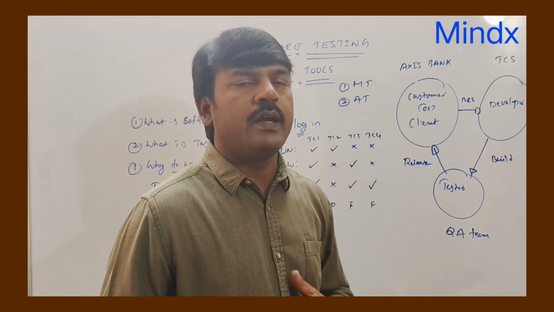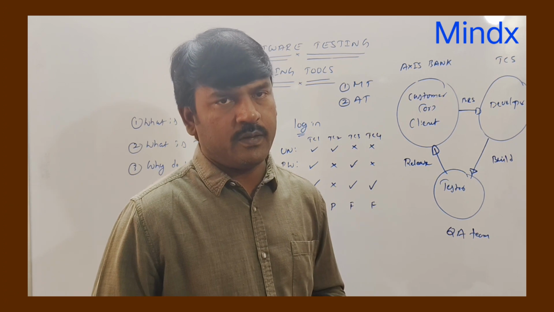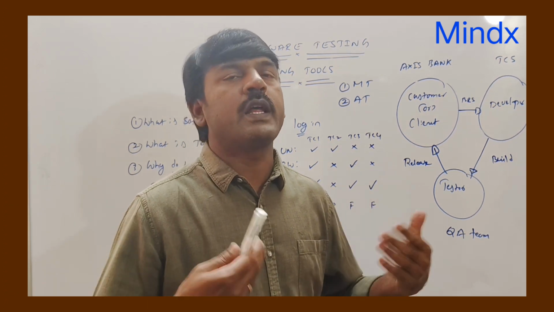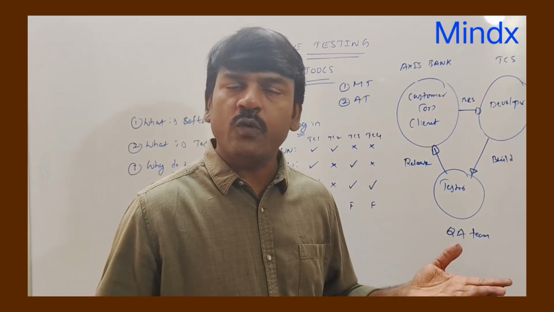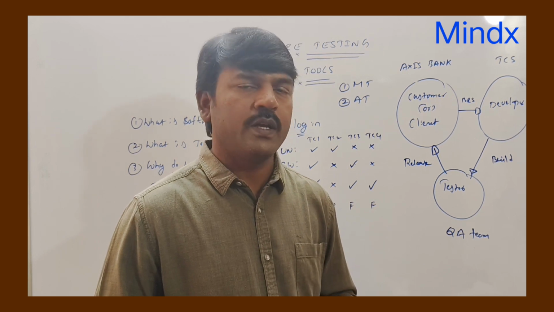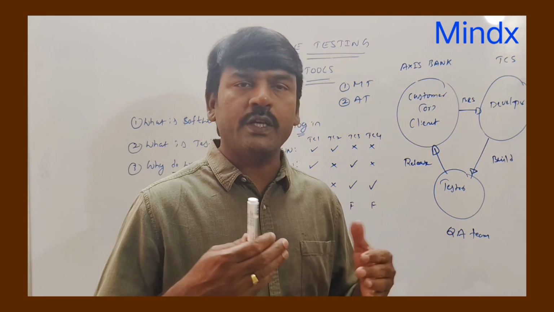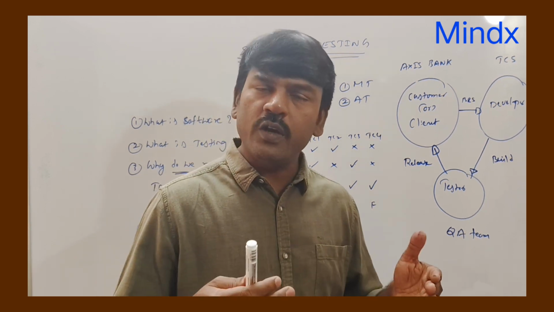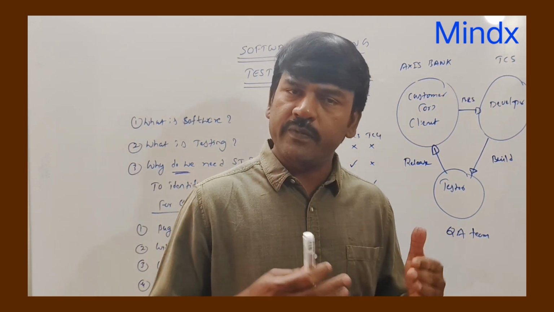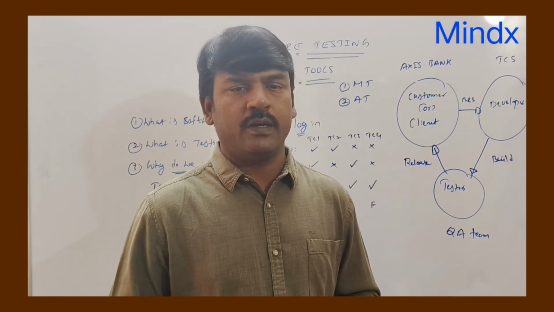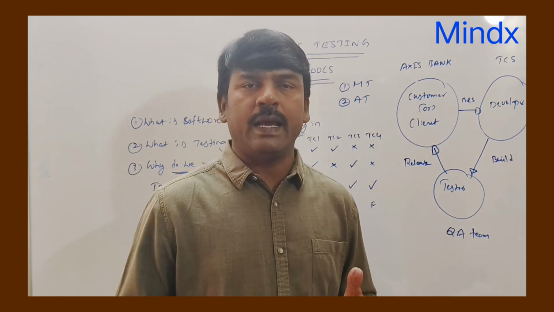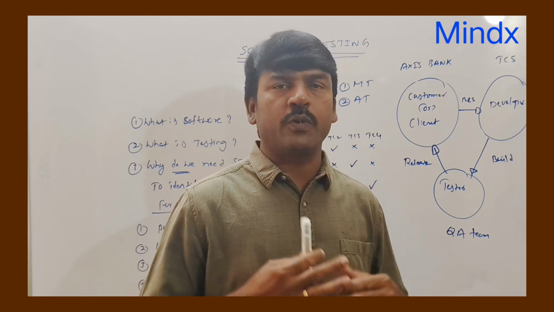But the developer took 1 year. 6 months and 1 year అయిపోయింది. It's not a quality product. Time is also important. Budget is also important. Not only defects. Budget, time. It's also important for a quality product.